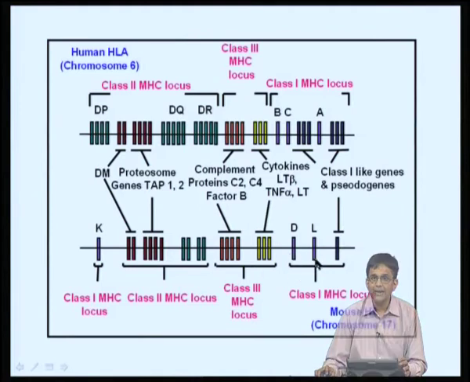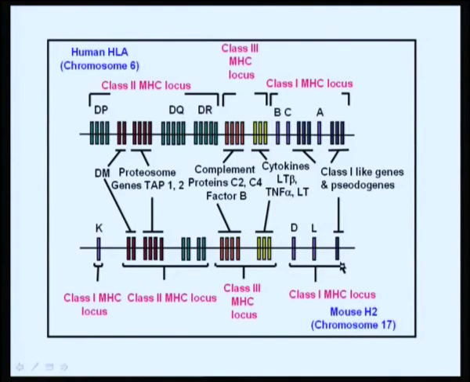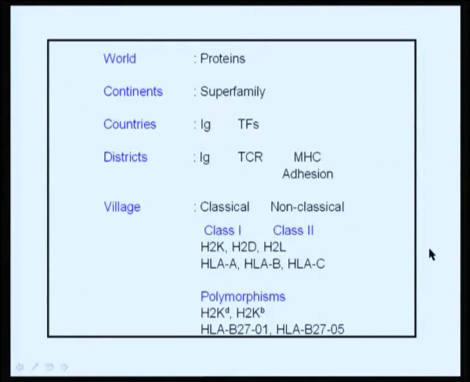Here D and L are present, the H2D and L. However, H2K is actually centromeric, and is present over here. So you can see that there are some differences between the organization of the HLA and the H2 complexes, but it is a very gene dense region. You have different sorts of genes encoded by these loci, and several of them are very important for the immune response.